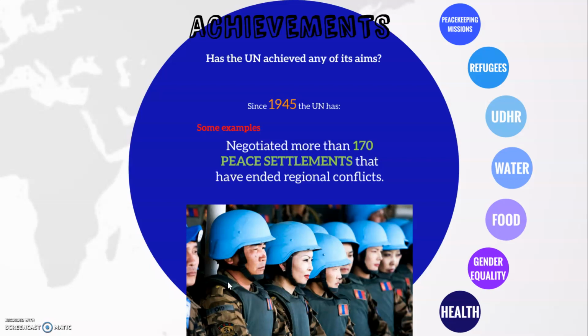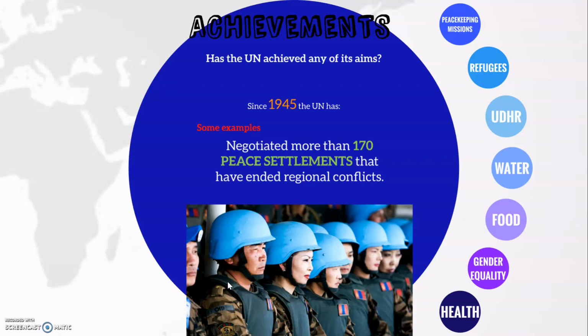Has the UN achieved any of the aims that we talked about before? Well, since 1945, the UN has negotiated more than 170 peace settlements that have ended regional conflicts.